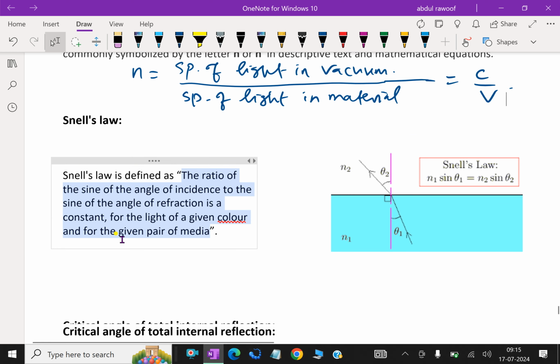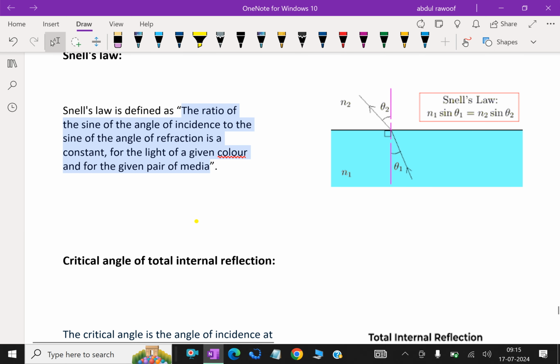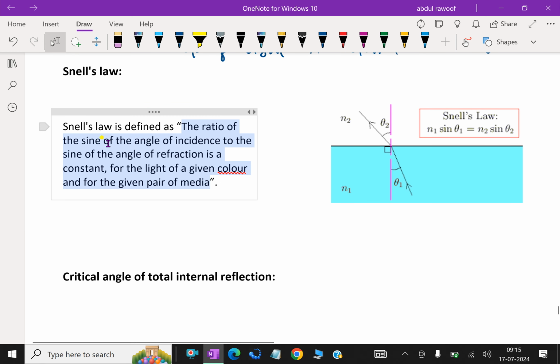Next, we'll talk about Snell's law. Snell's law states that the ratio of the sine of the angle of incidence to the sine of the angle of refraction is a constant for light of a given color and for a given pair of media. Snell's law says n1 sine theta 1 equals n2 sine theta 2.